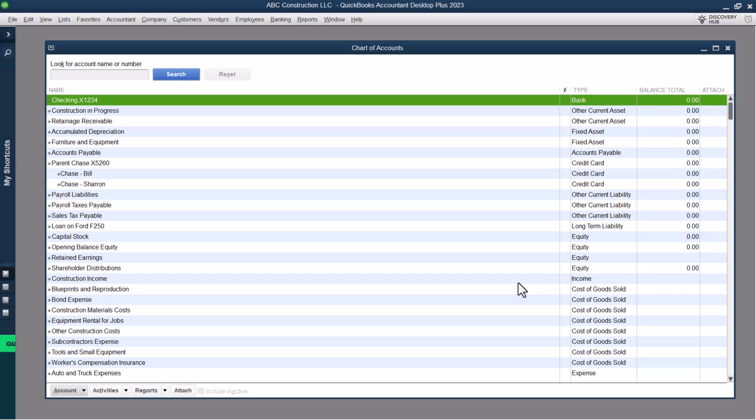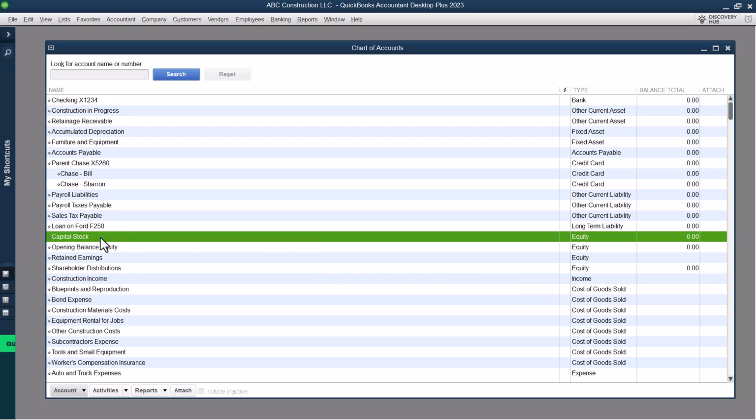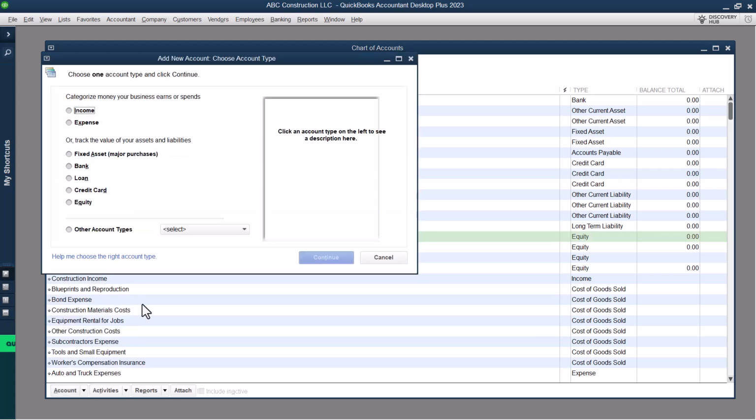Okay, I'm going to start with an S corporation because it's kind of already set up here. An S corporation is going to have capital stock. Real quick, I just want to show you our options for equity account types.